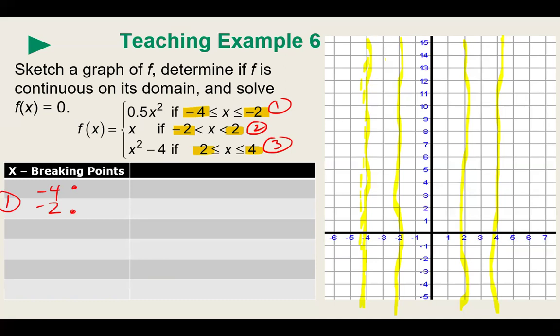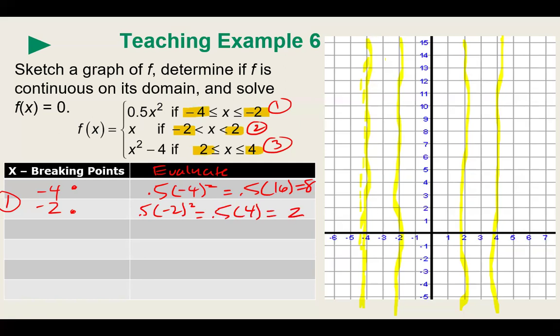Now we're going to plug them in. This is your evaluating. So I have 0.5 times -4 squared, which equals 0.5 times 16, which is 8. I have 0.5 times -2 squared, which equals 0.5 times 4, which equals 2.